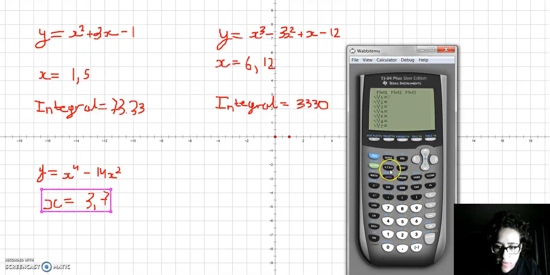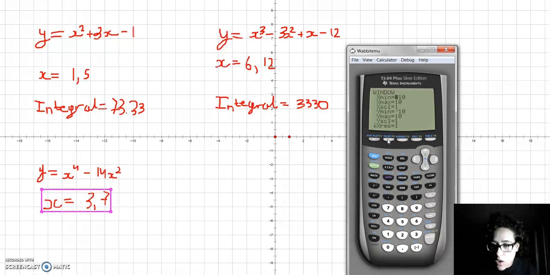And so our equation this time is x caret 4, right arrow, minus 14x squared. And now we are just going to go over here to the top right button that says graph, and we're just going to click on that.